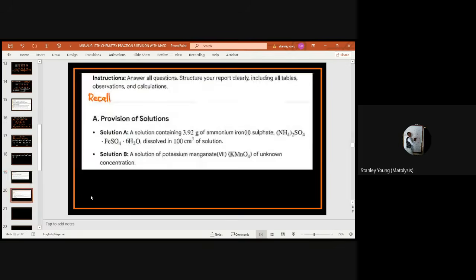Now let's go back to the information provided. Recall, we have the mass given as 3.92. I've explained this earlier: the mass concentration here is mass in gram over volume in dm³.